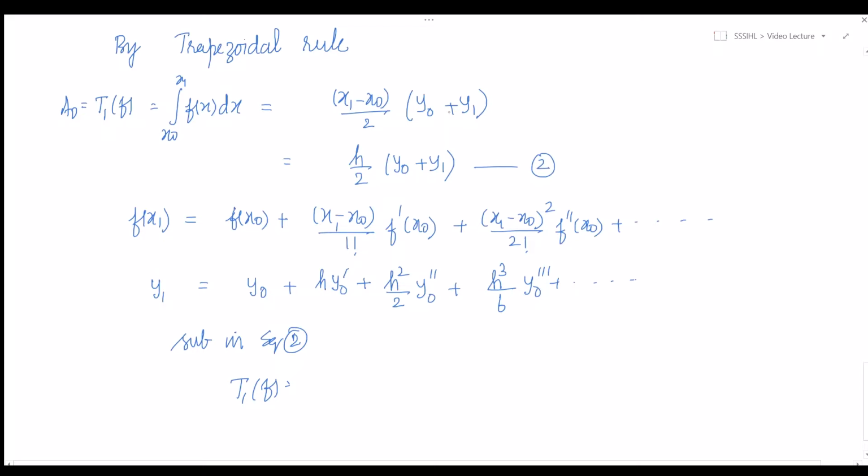That's the formula for the area of a trapezium. So substituting in equation 2, for y1 we substitute this value: y naught plus h into y naught dash plus h squared by 2 into y naught double dash plus h cube by 6 into y naught triple dash plus etc.